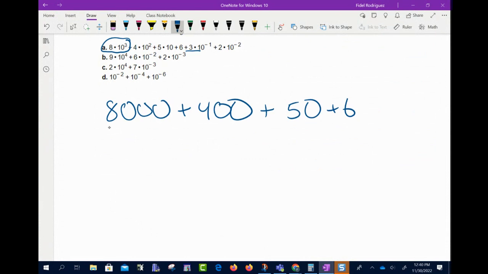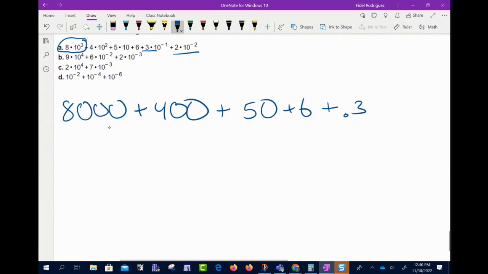Okay. When I have my powers like this with negative numbers, that just means move your decimal to the left that number of spaces. So I see the number 3, and I'm going to put a decimal right in front of it. And then I see the number 2, and I'm going to move my decimal 2 spaces, okay?